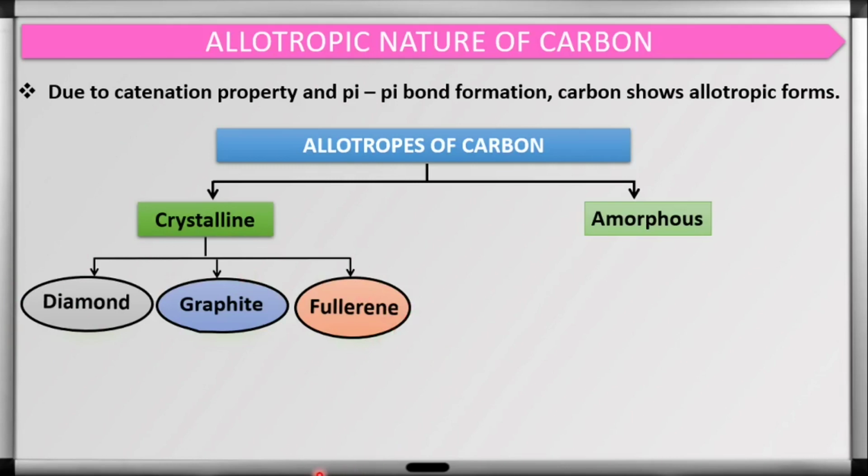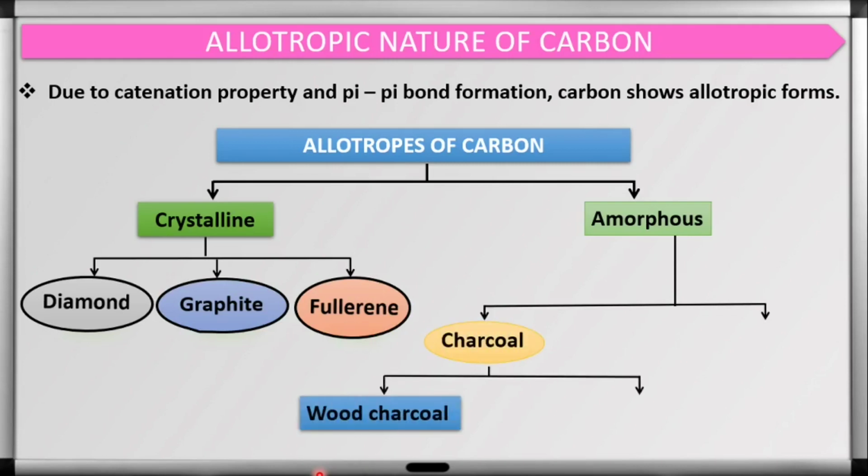Now see the amorphous form. The amorphous form is also divided into two parts, charcoal and lamp black. Charcoal is divided into two parts, wood charcoal and animal charcoal.